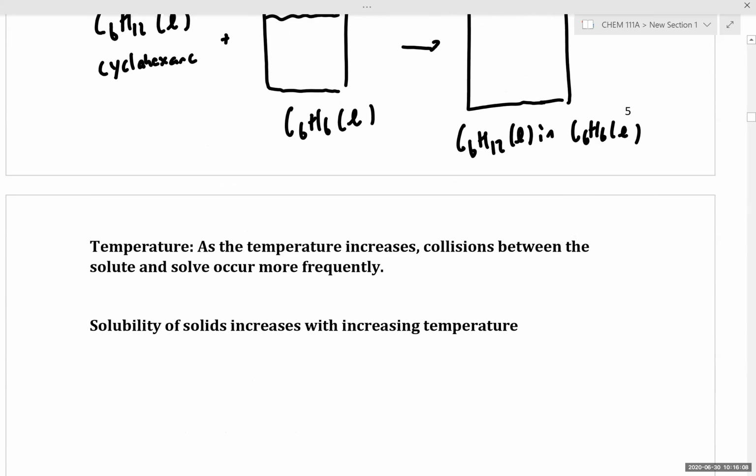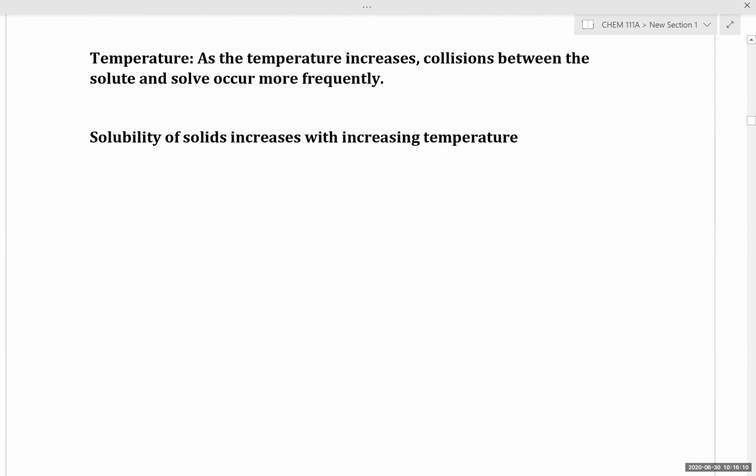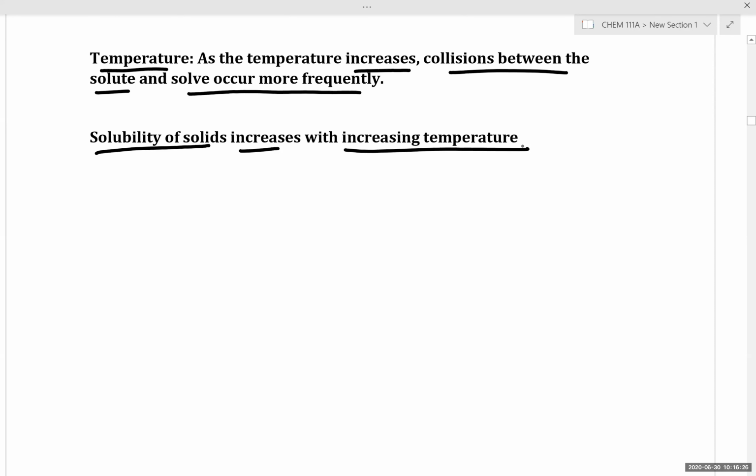So another factor that greatly affects solubility is temperature. As the temperature increases, collisions between the solute and solvent occur more frequently, and the solubility of solids increases with increasing temperature.